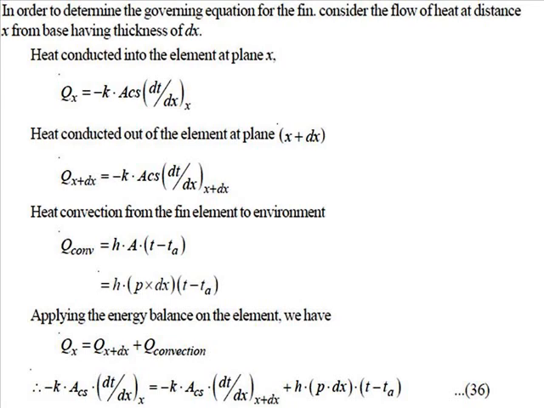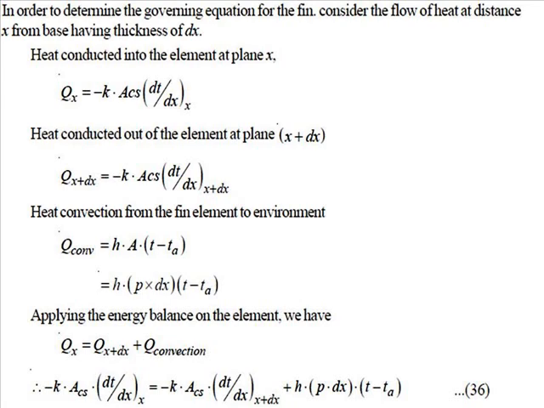So we can say that Q equals Q of x plus dx plus Q convection, that is, heat which is coming from the base or from the hot body is dissipated into the surrounding by means of convection, plus it is transferred into the fin by means of conduction.